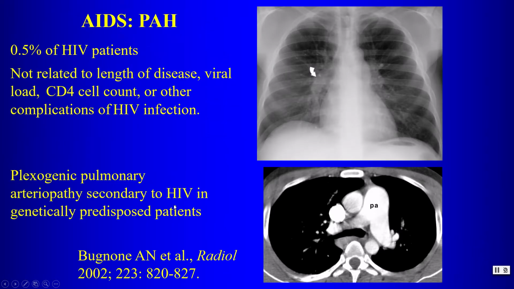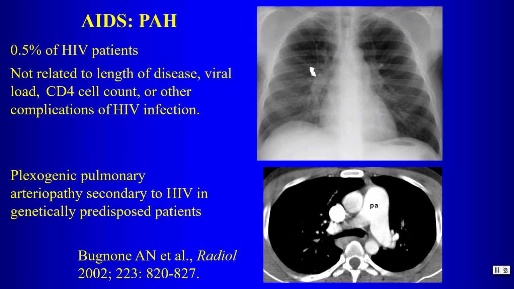Pulmonary artery hypertension can affect a very small percentage of patients with AIDS. It doesn't seem to be related to the length of the disease or the CD4 count or complications. These patients can develop a plexogenic pulmonary arteriopathy secondary to HIV, similar to idiopathic or primary pulmonary hypertension that tends to affect young females.